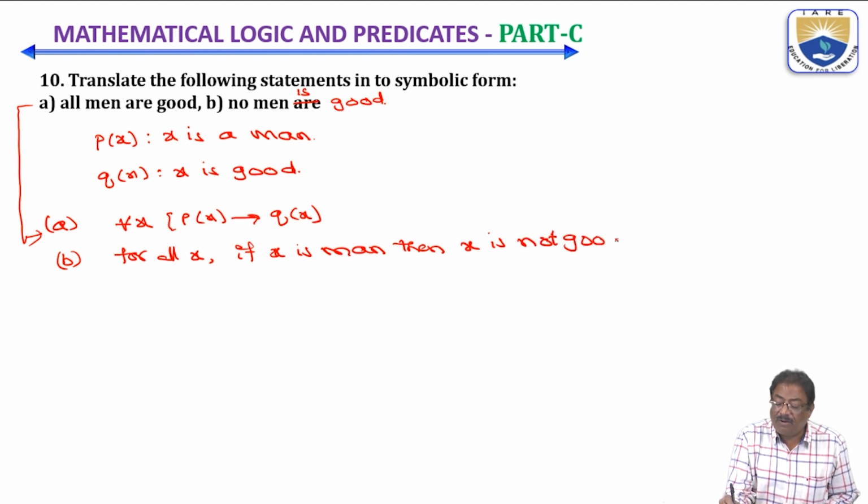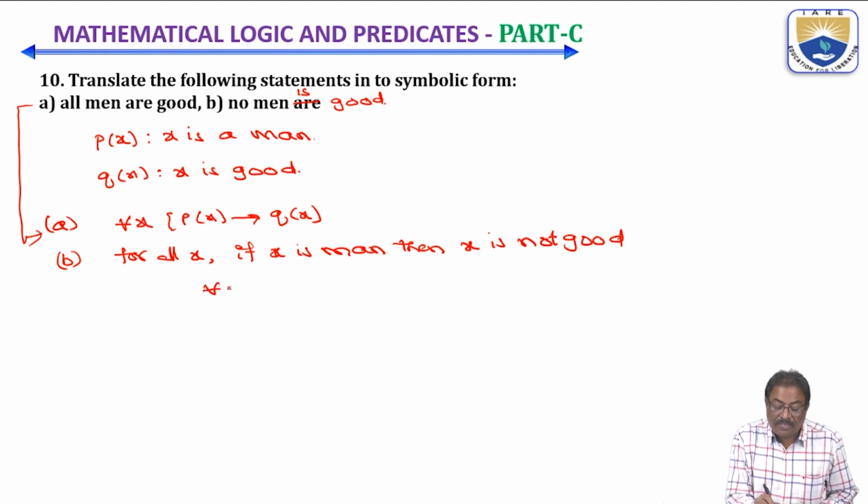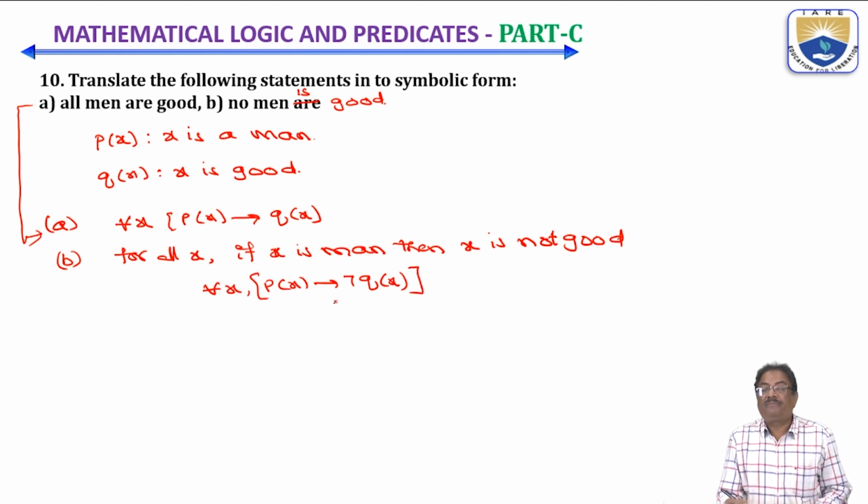Then symbolically we can write it as, for every x, if p of x, then negation of q of x.